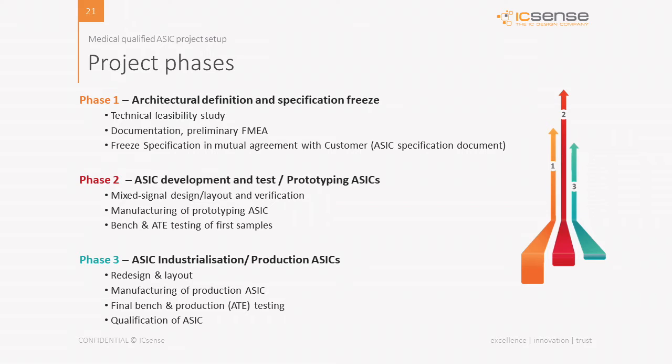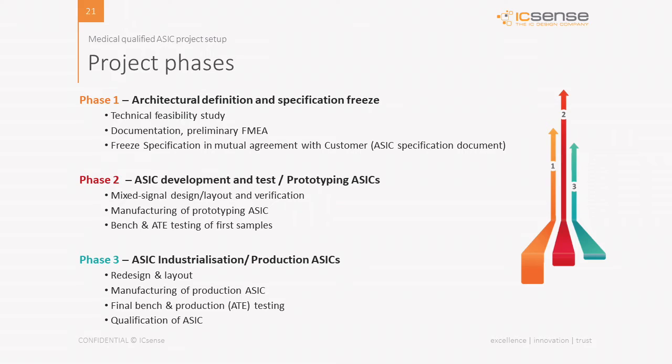In that case, a redesign is necessary. So also here, we do the manufacturing of the production ASICs, and we do the retesting again. And then if everything goes well, we start with the medical qualification of the ASIC.